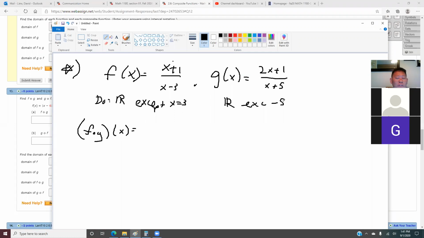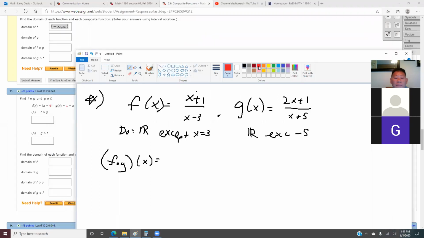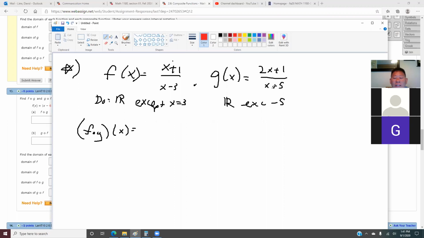So what does f∘g stand for? Should we put f into g or g into f? It's f as a composition of g, so should we put f inside g or g inside f? This is very important, class. This is the main part of composition. Some students don't know this, so you always look at the very last one of the composition, not the first one.